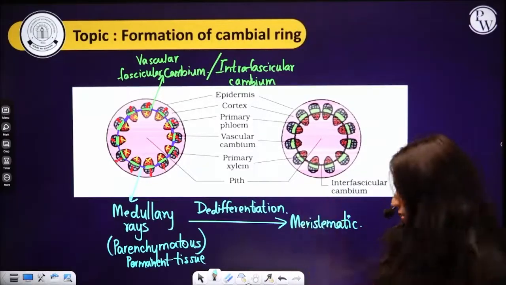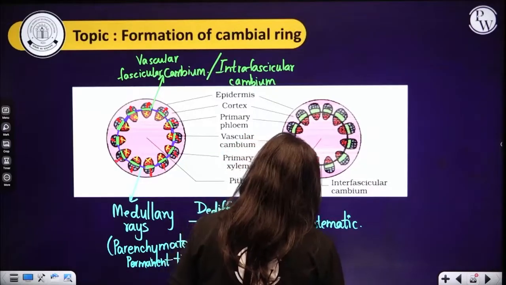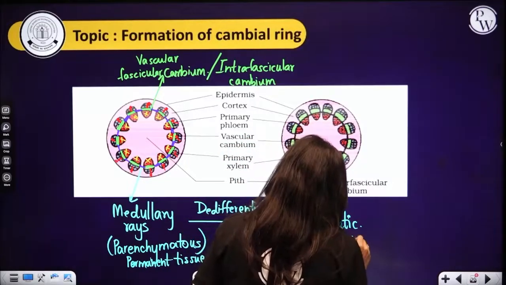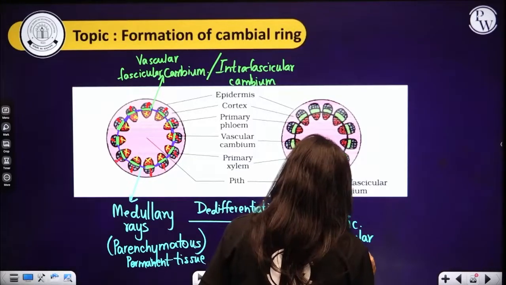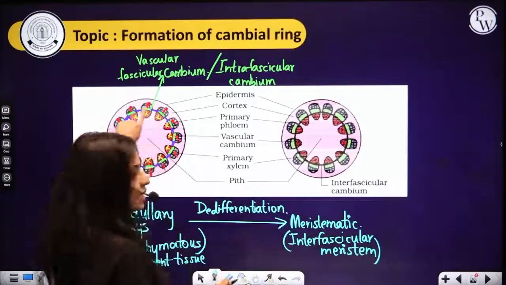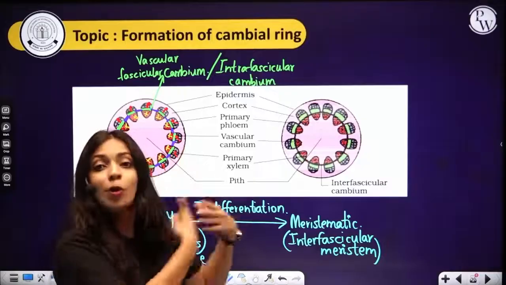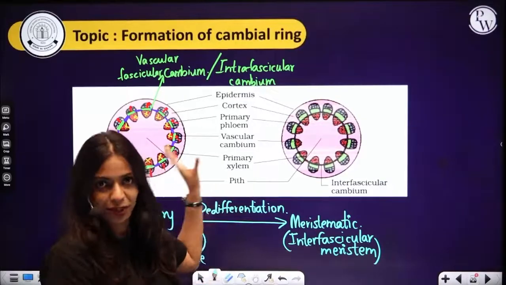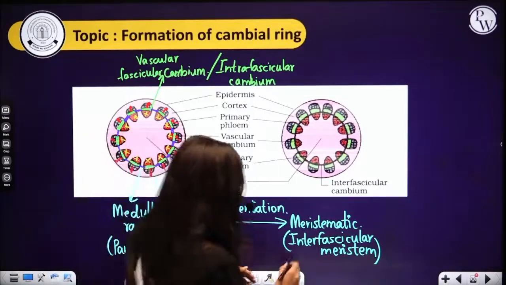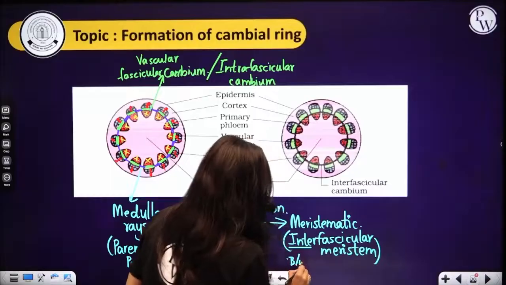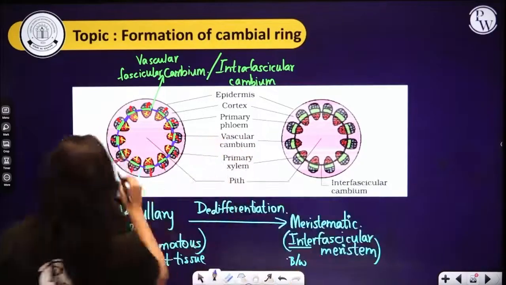Now those meristems are called interfascicular meristem. Whatever is in green is intra because it is within the vascular bundles. Whatever has formed by de-differentiation, the secondary meristem that is formed now, is interfascicular meristem. Inter means in between. Since they are present between the vascular bundles, it is called interfascicular cambium.